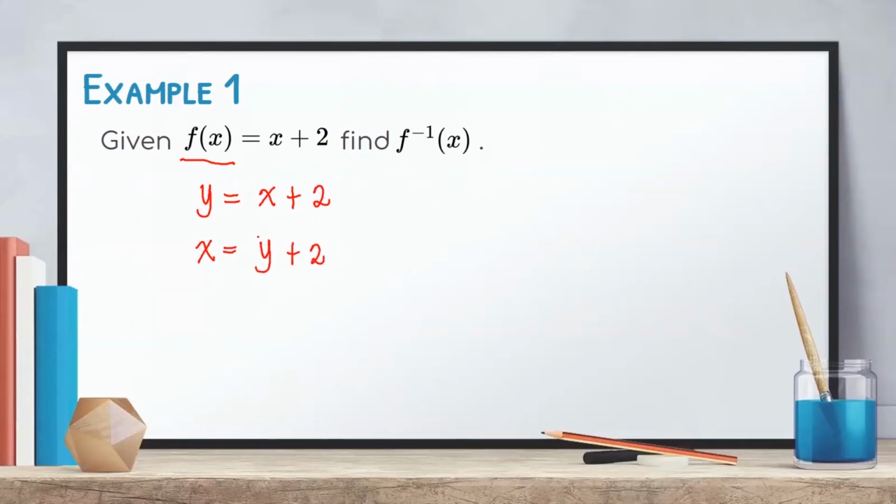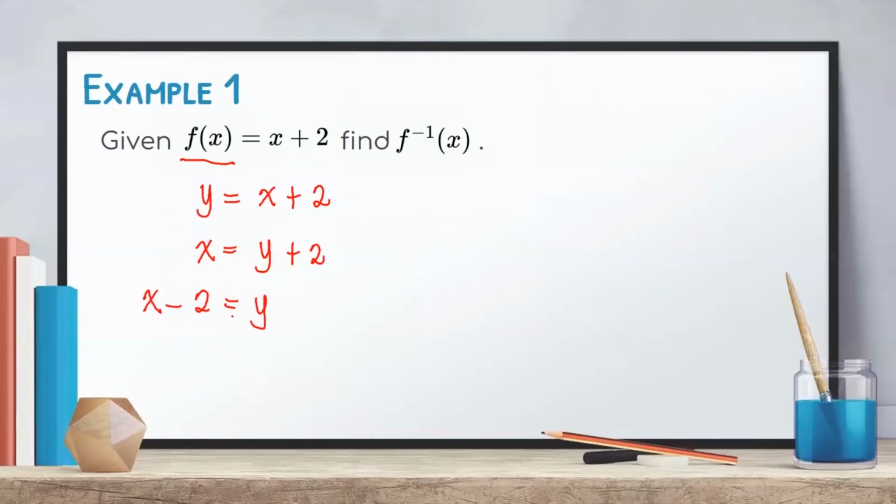After that, we need to solve for y in this new equation. To do that, we need to isolate y on one side of the equation. Since we have plus 2 here, we need to write 2 on the other side of the equation, giving us x minus 2 equals y.